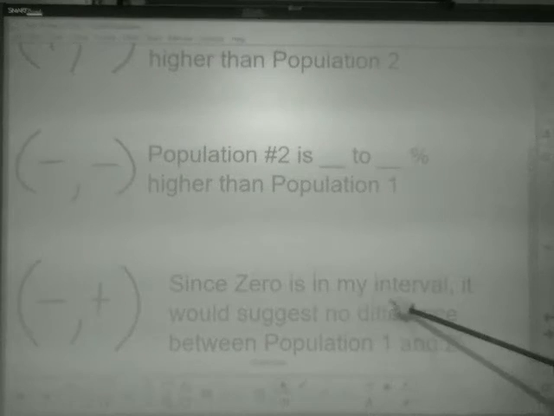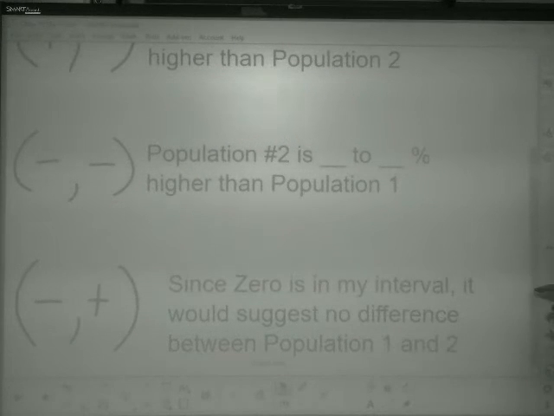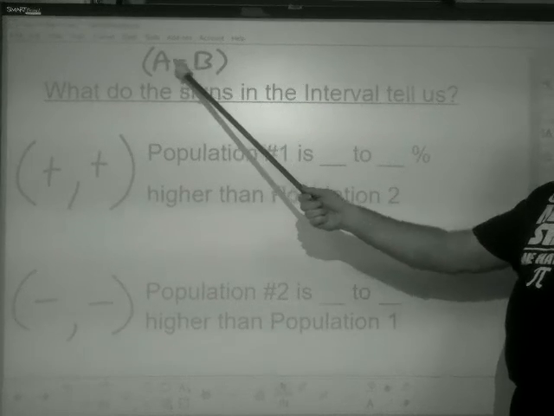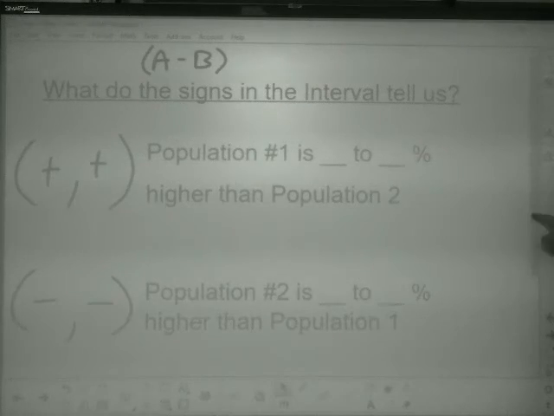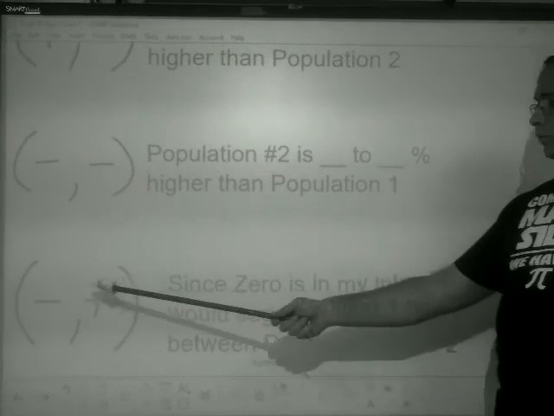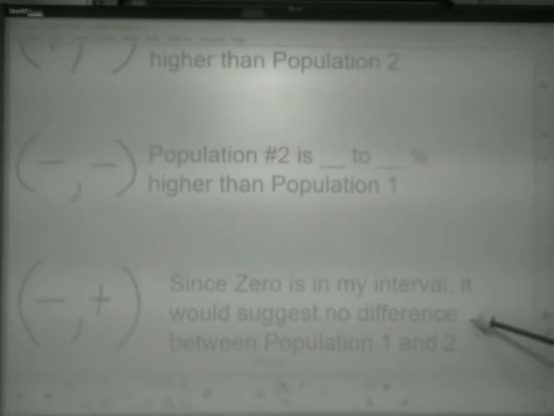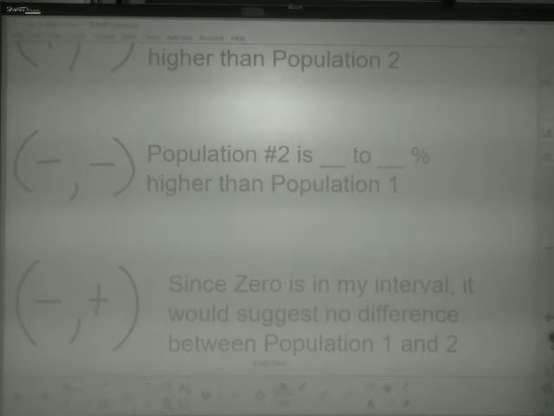And since 0 is in my interval, it would suggest no difference between population 1 and 2. Again, if I took two numbers and subtracted them and I got 0, that's only possible if they're equal. Since 0 is in an interval that spans from negative numbers to positive numbers, it would suggest no difference between population 1 and 2. So let's take a look at an example.